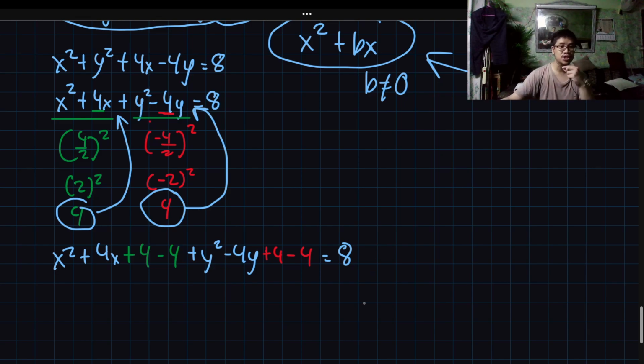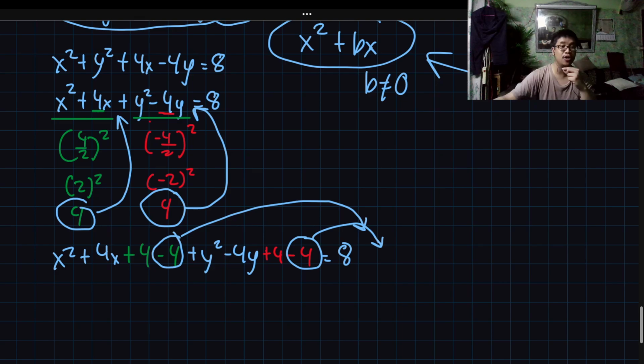The next step here is the negative constant numbers, the negative 4 and negative 4. You're going to transpose them to the right side, right? So we will have x squared plus 4x plus 4, then plus y squared minus 4y plus 4, is equal to 8.